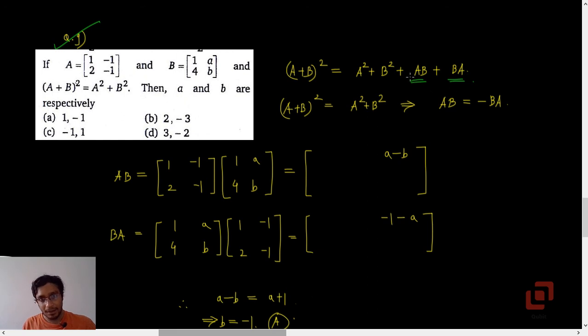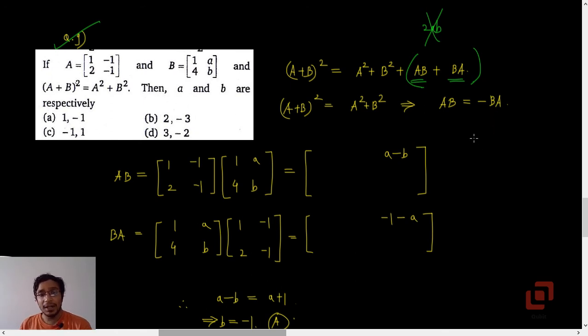In the case of numbers, we would have just written 2AB, but for matrices you have to write AB and BA separately. Now what does it mean when they say that A plus B squared is A squared plus B squared? It means addition of these two matrices is a null matrix, or AB is equal to minus BA.